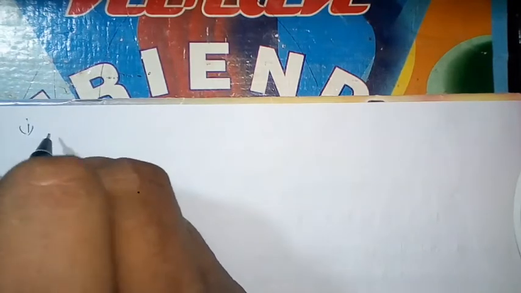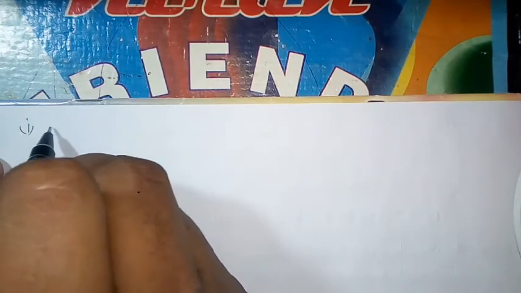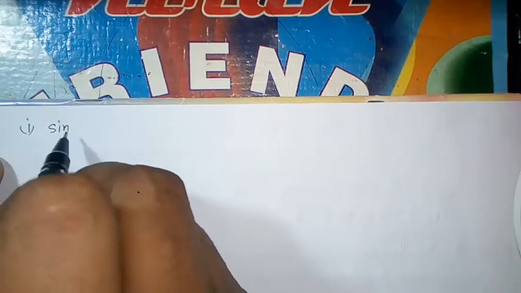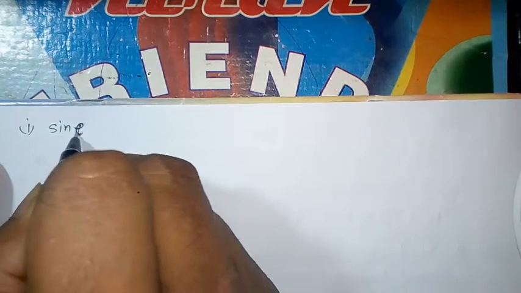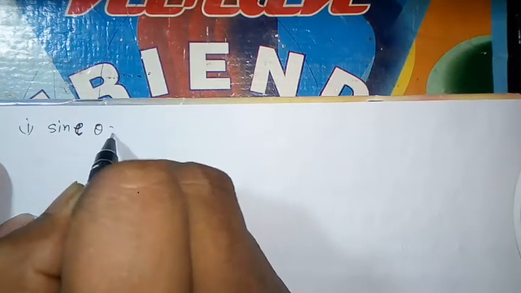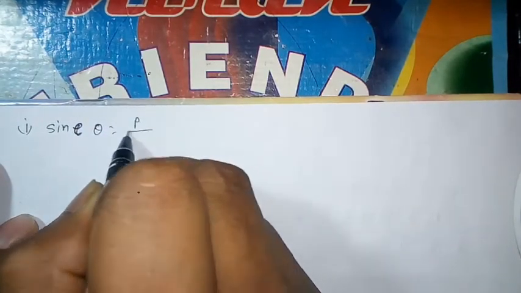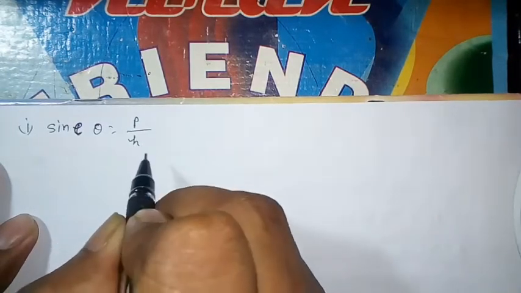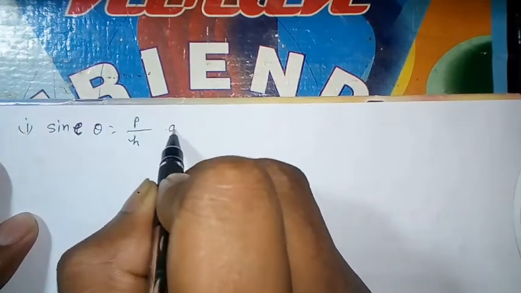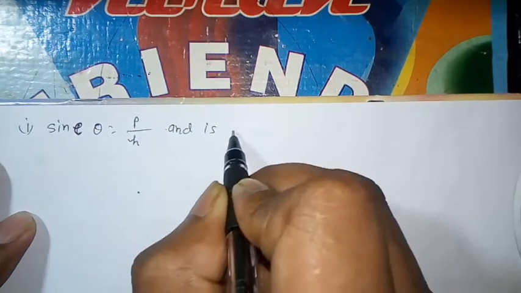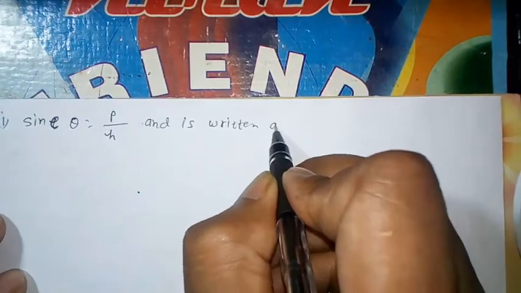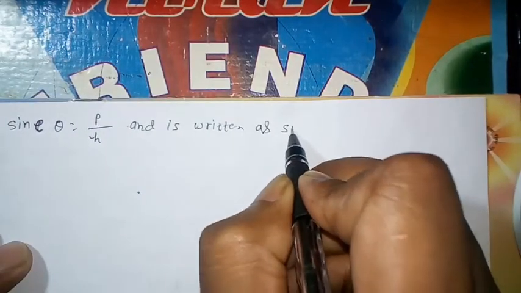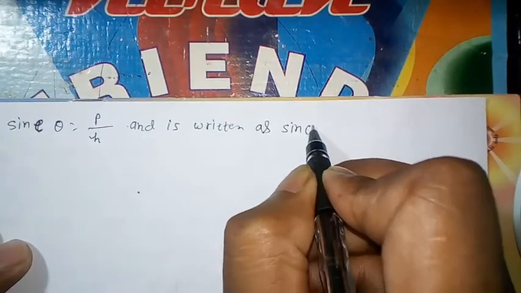The first formula: sin theta is equal to perpendicular by hypotenuse, and is written as sin theta.